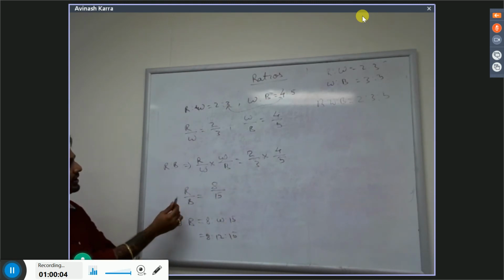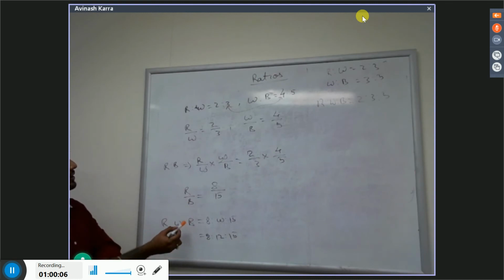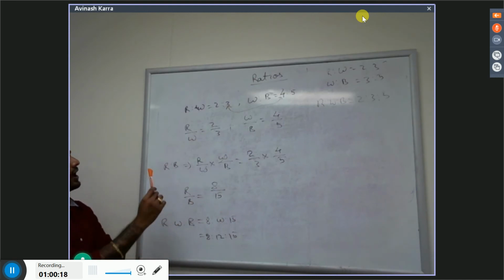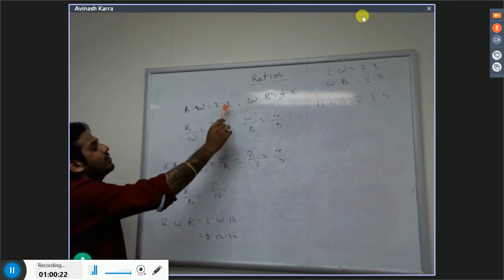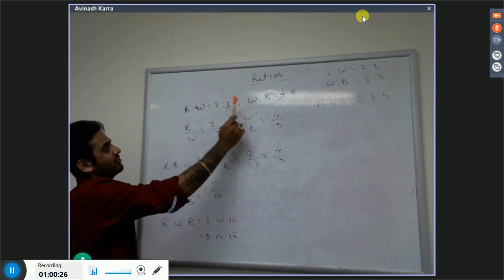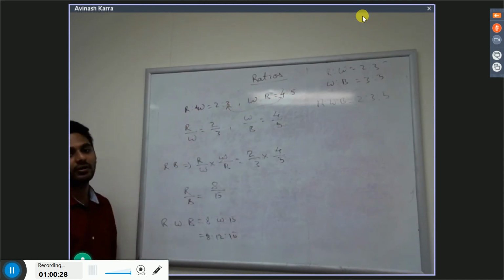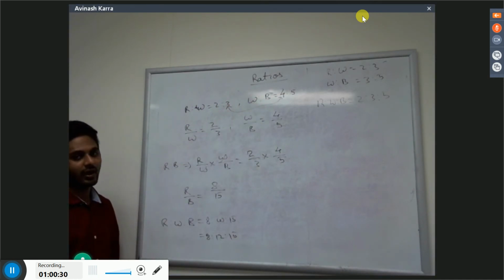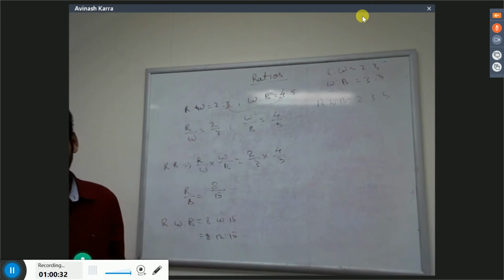And after getting R by B, then substituting R is to W is to B in such a way that for the time being keep W as isolated, and for the value of W you need to multiply the value of W in both the ratios. Are you following it?